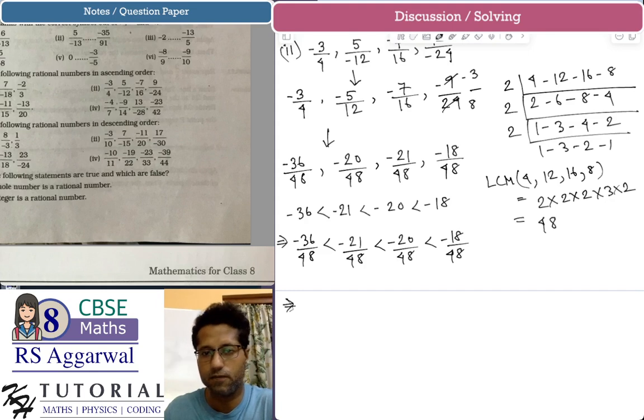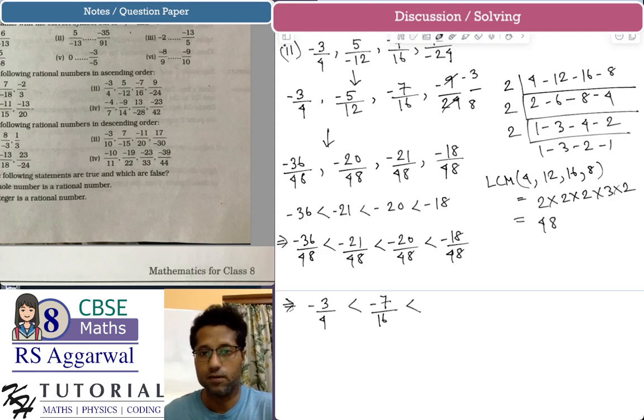So minus 36 by 48, the original rational number was minus 3 by 4. Minus 21 by 48, the original rational number was minus 7 by 16.